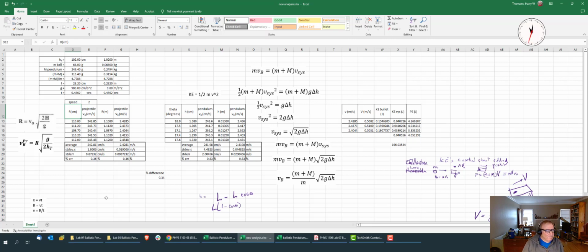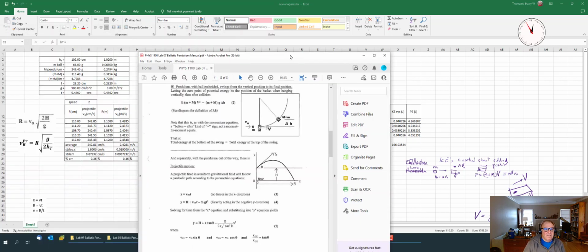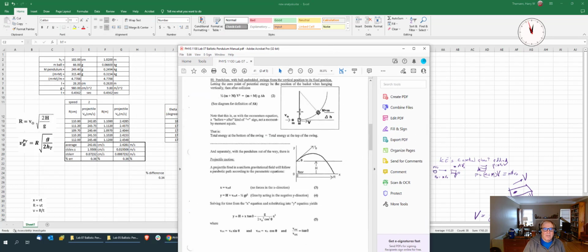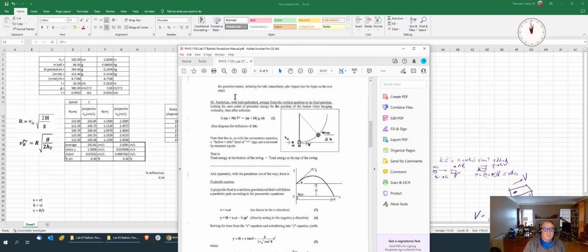In class yesterday, I mentioned to the students that it's a good idea to keep track of a bunch of things, things that don't change, for example. We should also check nomenclature, because in the 1100 lab they use different variables.